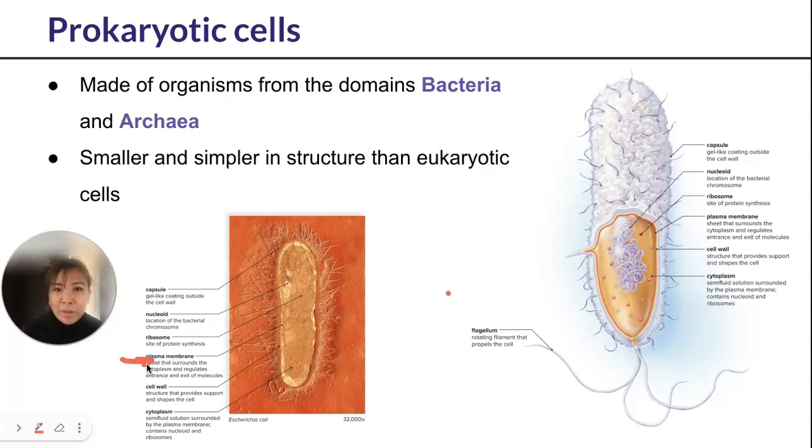The plasma membrane, again, is kind of like the skin of the cell. It keeps the cell's interior and exterior separate. Bacteria also have something interesting called a cell wall, which is just a structure that provides the cell a little bit more support.